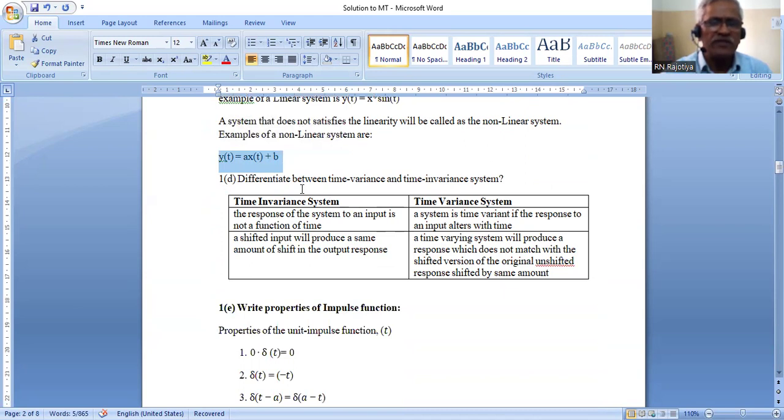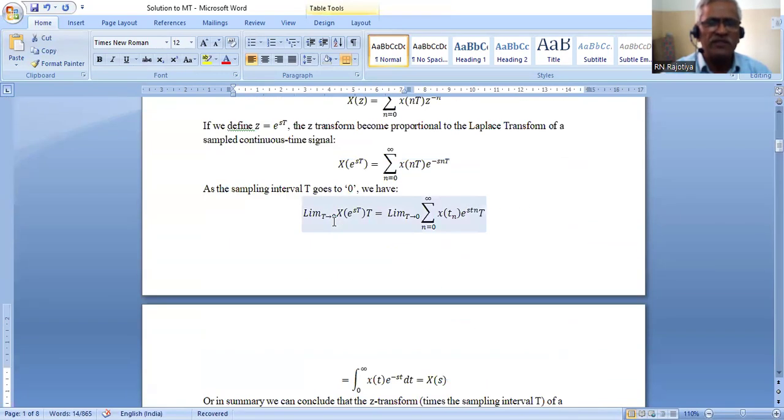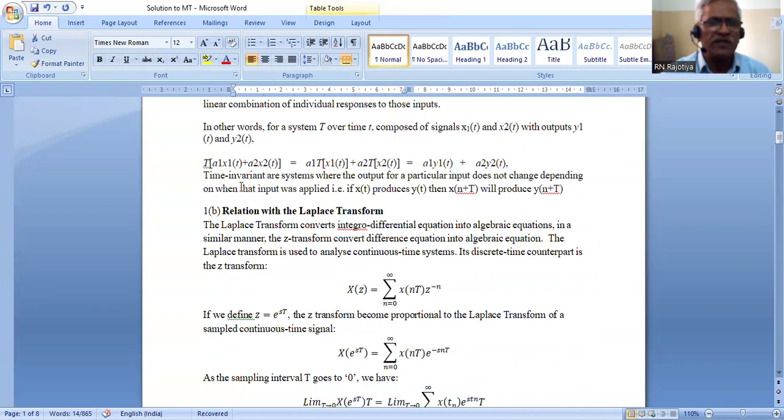Part D of the question was: differentiate between time variance and time invariance. We know from our previous discussion that time invariant systems are those where the output for a particular input does not change depending upon when that input was applied.